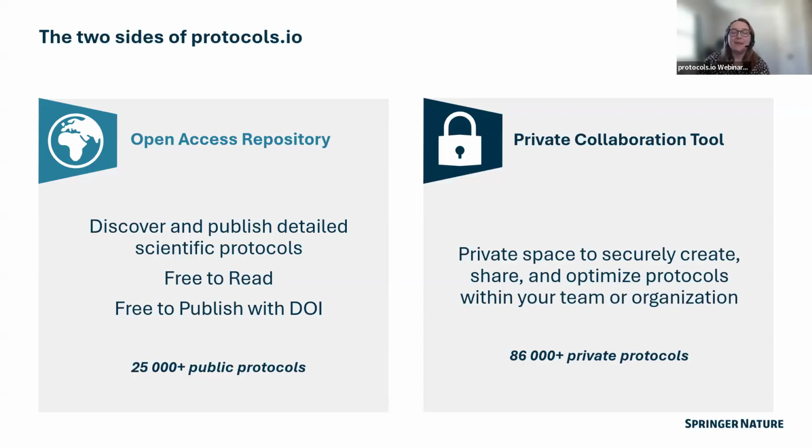There we go. And we have over 86,000 private protocols that are being stored in the private collaboration space. You can later transfer these to the open access repository, and these two sides feed into each other.